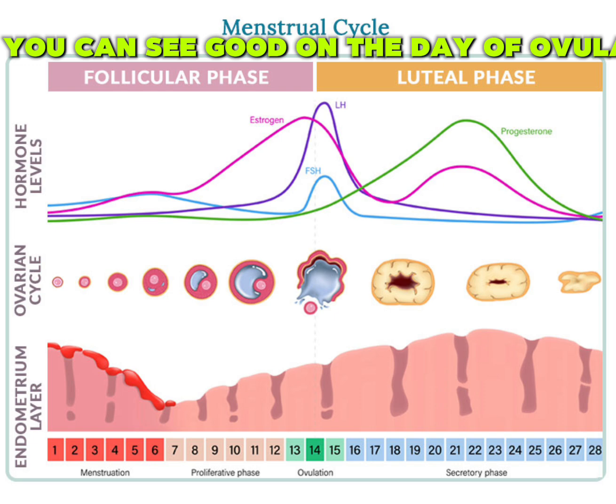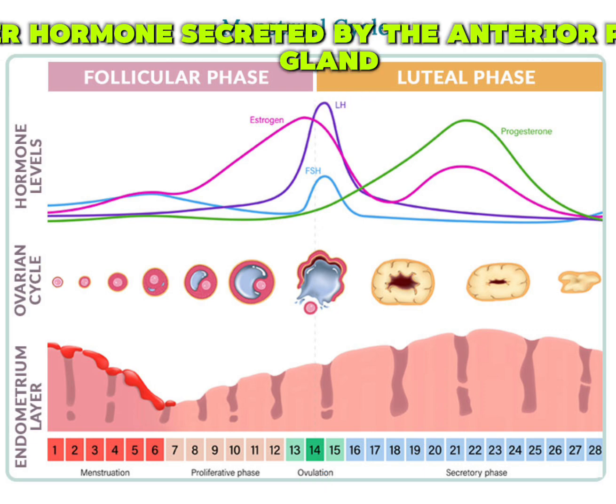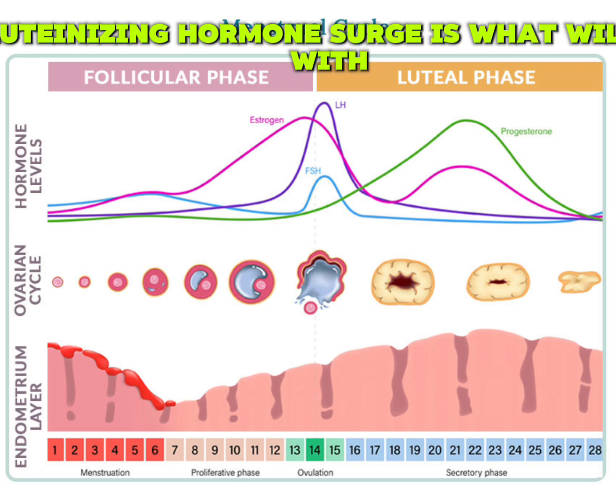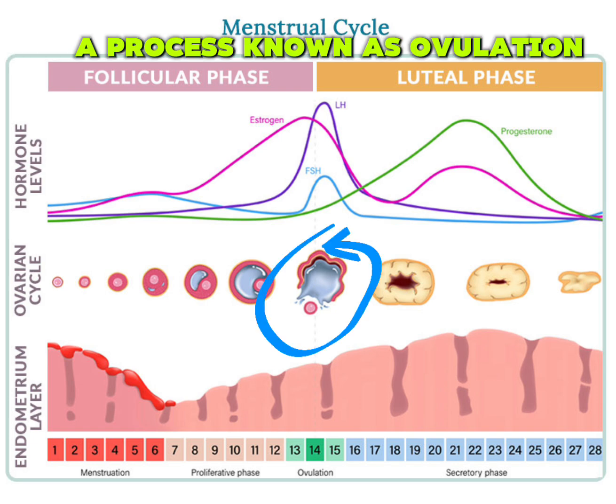Good. On the day of ovulation, there will be a surge in luteinizing hormone level, another hormone secreted by the anterior pituitary gland. This luteinizing hormone surge is what causes the developed follicles to burst, a process known as ovulation.